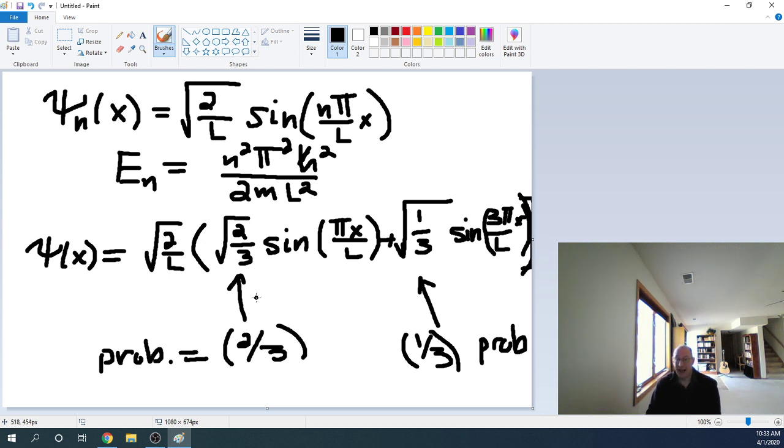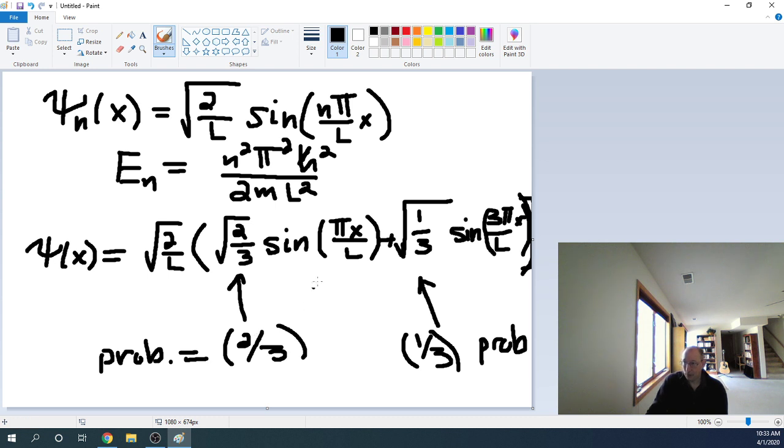So if I were to ask what is the average energy, if I would make a measurement of the particle in this quantum well 1,000 times, and say, what's the average energy that we get out of this? Just on average, what energy would we get?